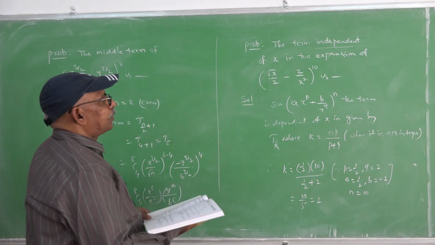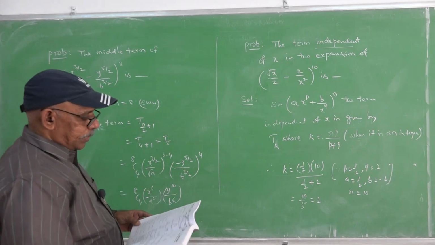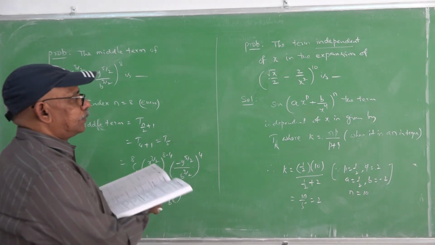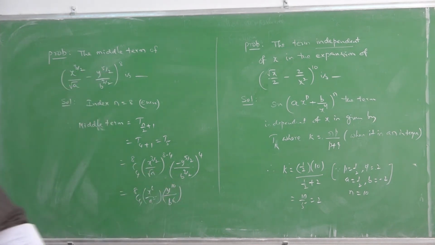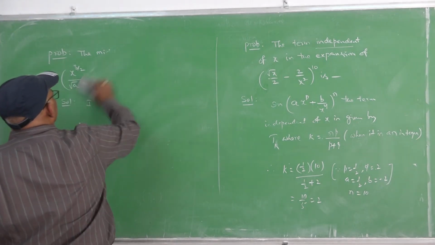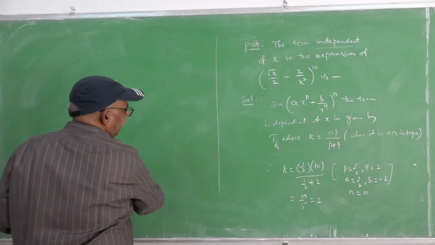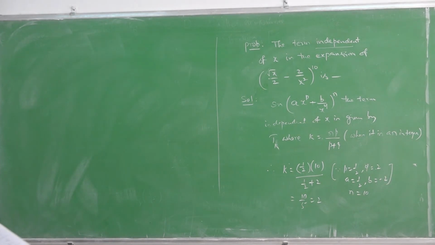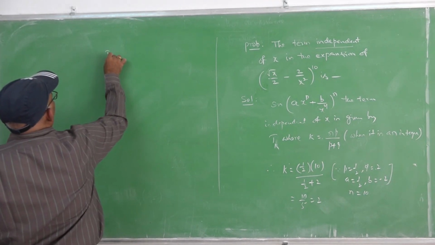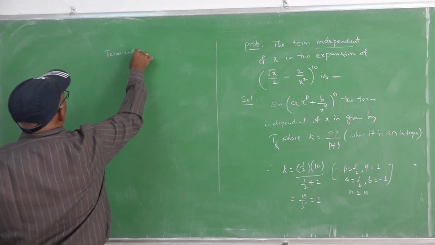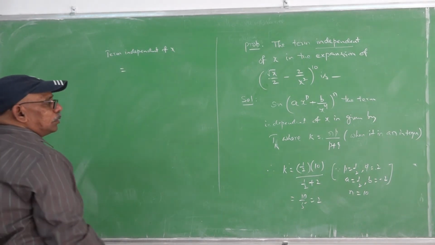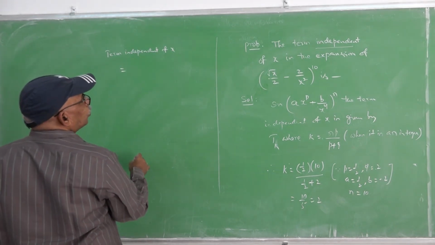So the term independent of x is given by T2.